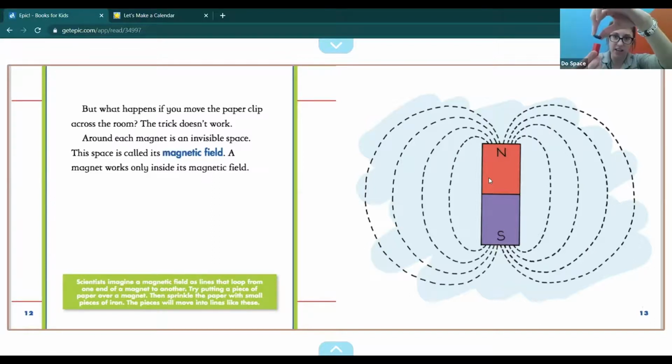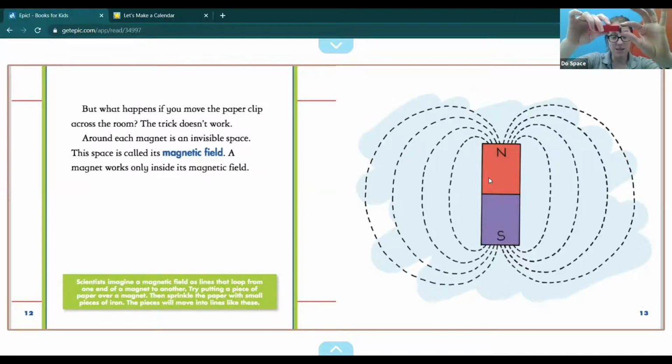So that's the south side, right? I know that this side right here of my magnet is the south pole. So if I turn it around and go to the north pole, let's see what happens now.